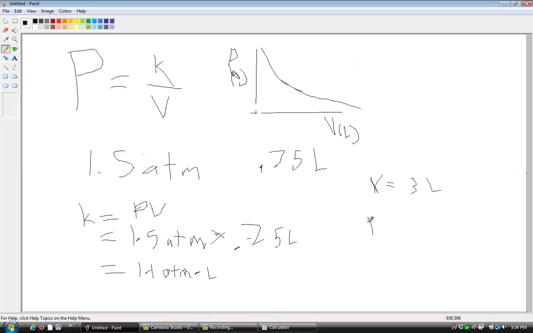Well, we just plug in: P equals K over V. Well, K we know is 1.1 atmospheres. And yes, you need to write units every single time. That's why I'm still doing it, because I'm supposed to be setting the example, even though this is getting kind of messy. I know, I'm sorry. That should be an A, not an R. 1.1 atmospheres, ATM, and divide that by the volume, which is 3 liters.